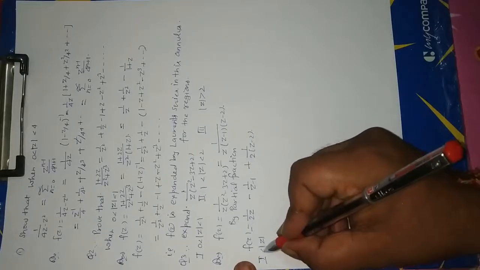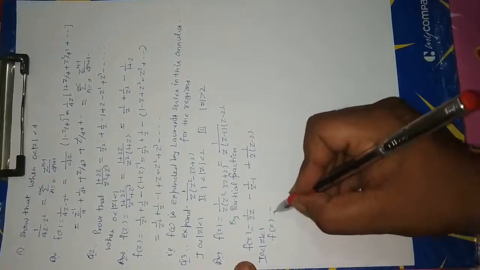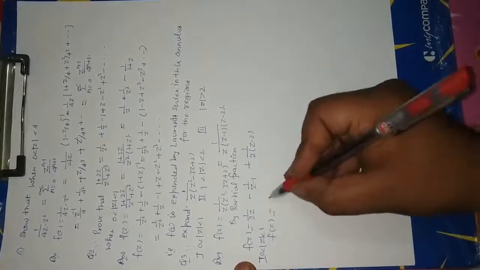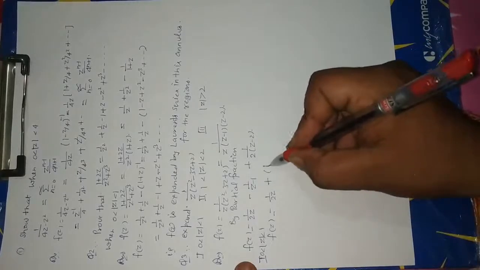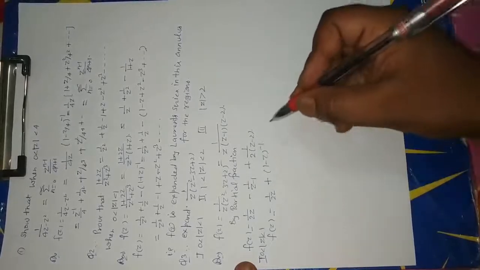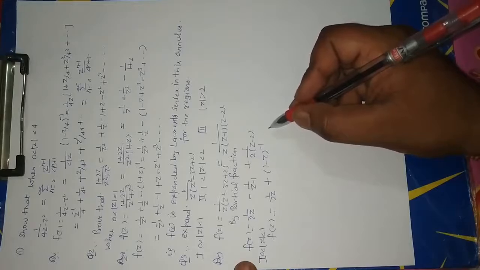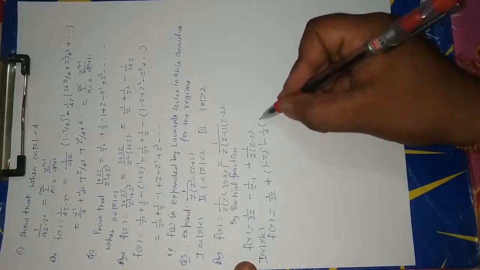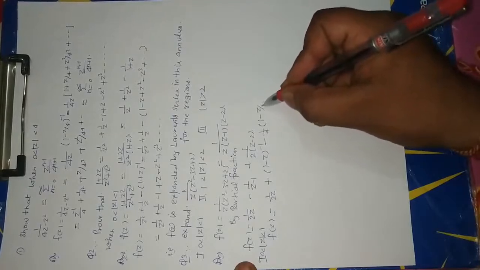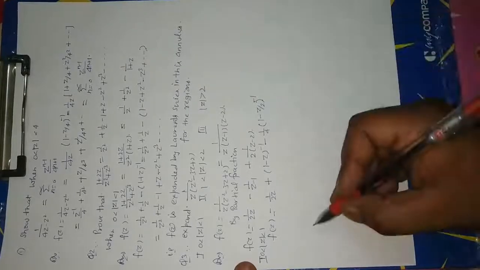|z| greater than 0 less than 1, that is f(z) equal 1 upon 2z, as it is, plus (1 minus z) whole power minus 1. Since 1 is greater than |z|, therefore 2 is also greater than |z|. Now minus 2 common, minus 1 upon 4, (1 minus z by 2) whole power minus 1.